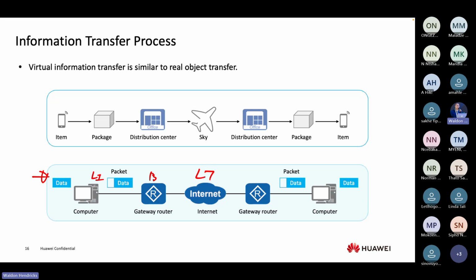So when you look at this, you have to encapsulate a packet, it goes through the whole process, and then you de-encapsulate to understand where this packet needs to go. Then you have the gateway that has to decide to forward the packet based on the requirements and needs. And then again, you get to the internet, which is the sky in this case, that lets everything fly or go through.